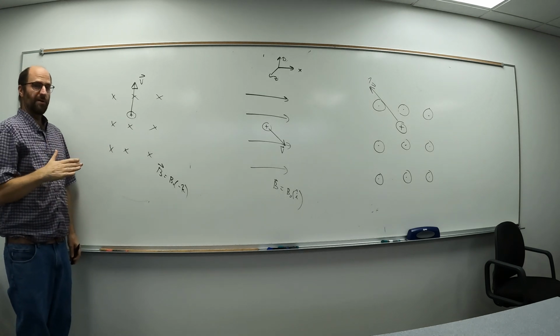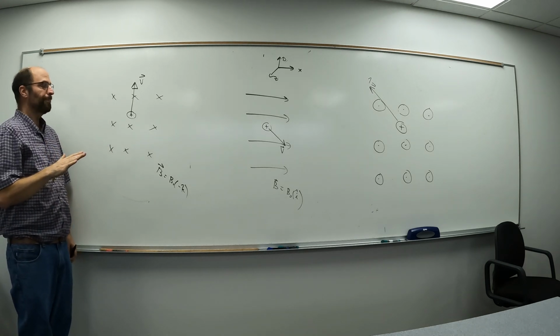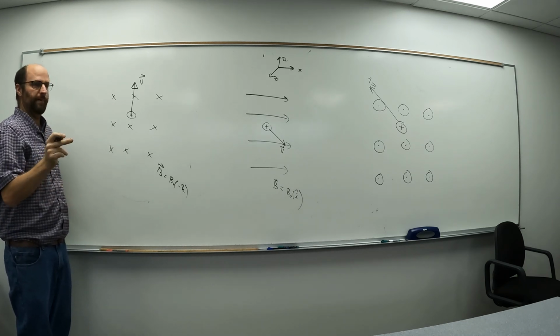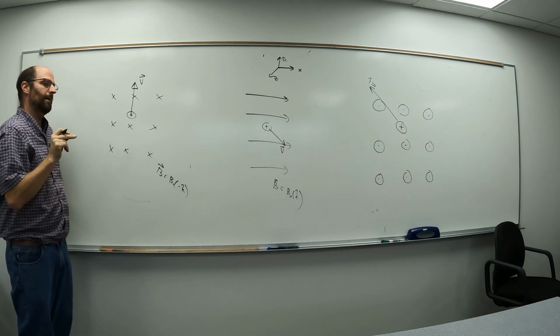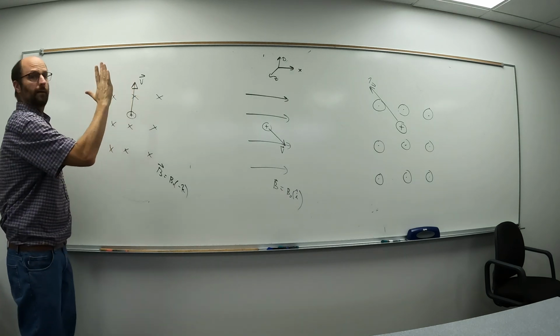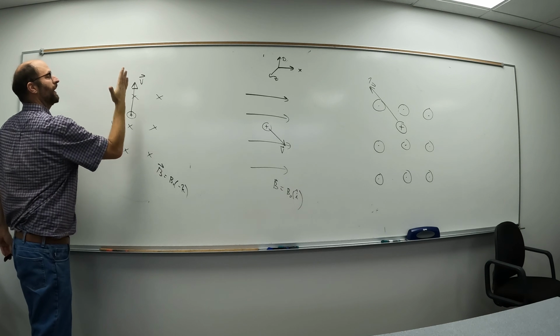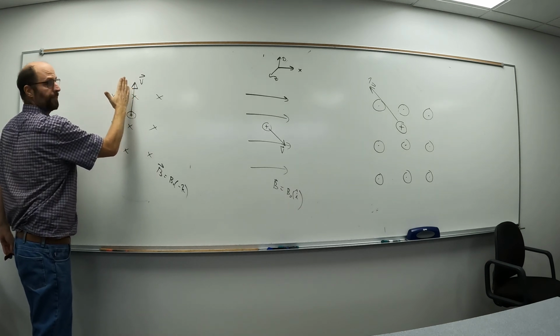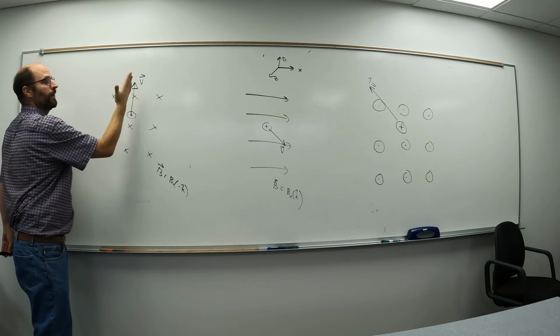to get the force direction, we apply the right-hand rule. And remember, the force direction is q v cross B. So the force direction comes from the cross product of the velocity vector crossed with the magnetic field. You take your hand and your fingers go parallel to the velocity, as straight as you can get it.